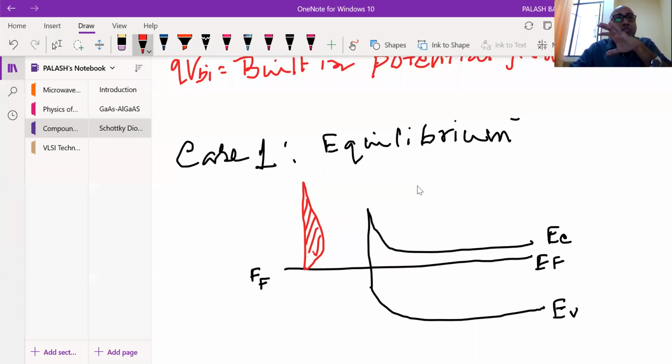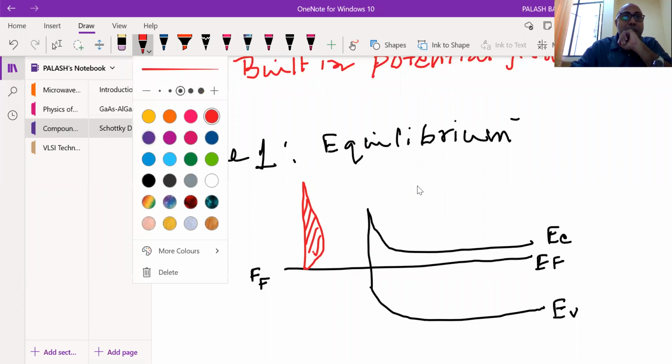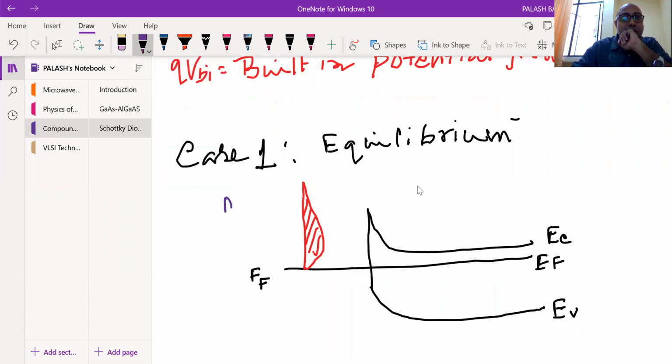Now these carriers, you can see, are flowing from metal to semiconductor side, right? Because as per our convention, please remember we have the metal on this side and the semiconductor side, and so we have carriers in the metal.